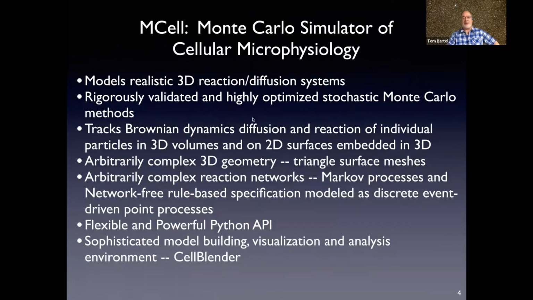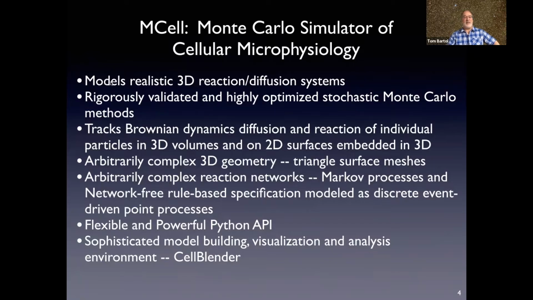In the laboratory of Mika Salpeter at Cornell University in the mid to late 1980s, we developed a Monte Carlo simulation technique that later, after I joined Terry's lab, we named MCell for Monte Carlo Simulator of Cellular Microphysiology.